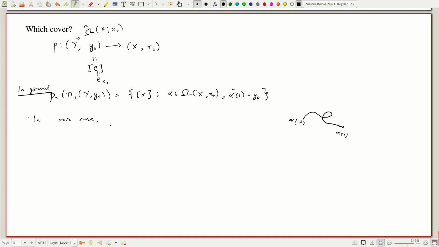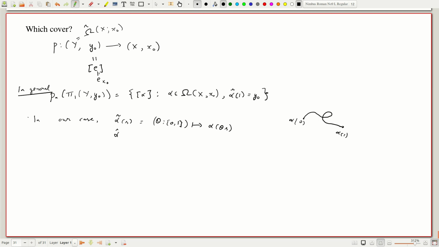And if you guess correctly, it's easy to verify, and you presumably have already guessed correctly, that I can take alpha tilde of s is the map which will send theta in [0, 1] to the function, so this is a path, so it's a map which will send it to alpha of theta times s. So if theta is 0, this is constant at alpha of 0. If theta is 1, this is alpha itself.